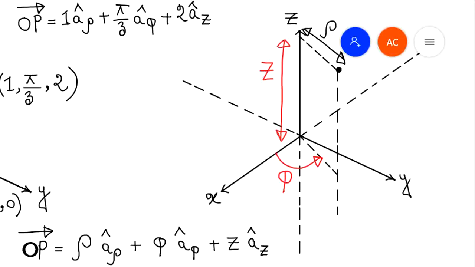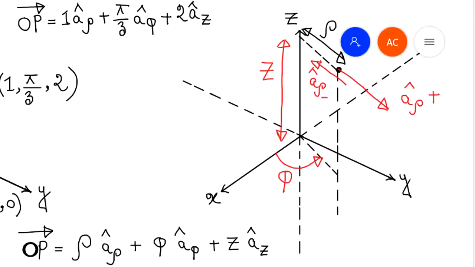So if something is coming out of the central axis, then rho will be positive, and if something is going inside the central axis, then rho will be negative.